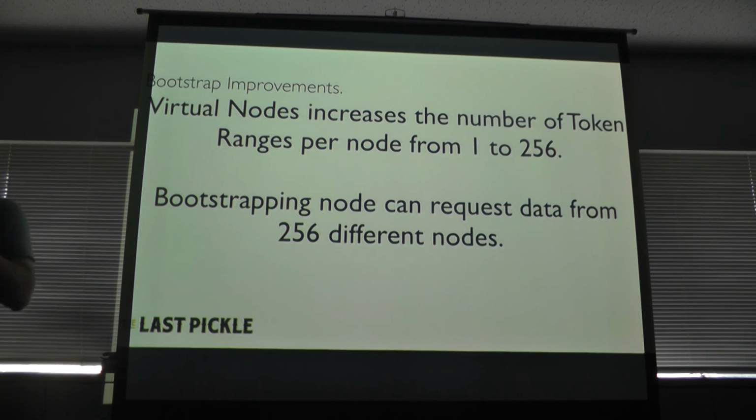So now we have up to 256 different nodes in the cluster sending data. If they each do a small amount of the work and send a small amount of network, we can easily saturate the receiving node and we can bootstrap faster. And importantly, as your Cassandra cluster grows, this process scales.